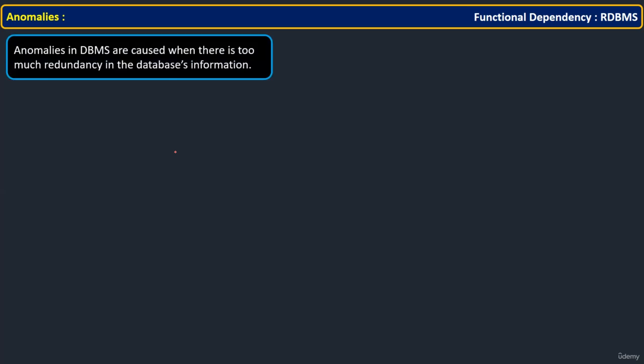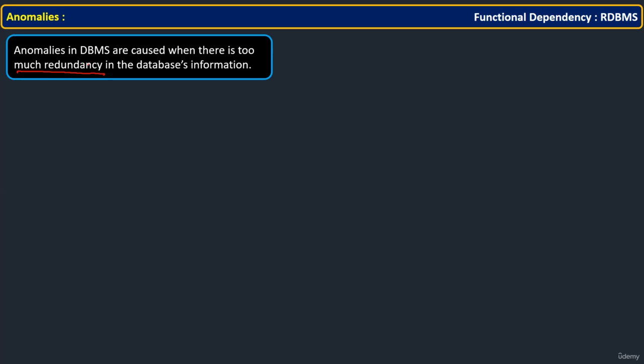Anomalies in the DBMS arise when there is too much redundant data, and sometimes this redundant data can lead to wrong information also. So this is one of the big problems in the database.